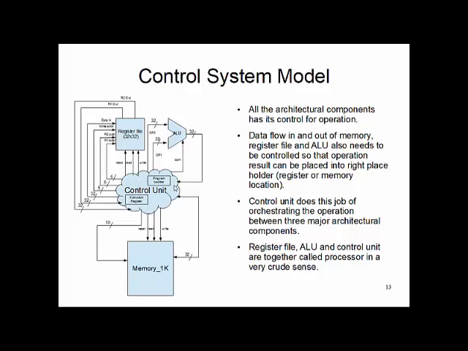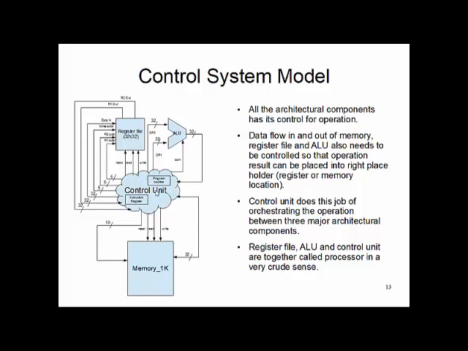And then that result can be sent either to the memory or the register file, depending on what type of system we are discussing. But let's say this result from the ALU will be stored in the register file.